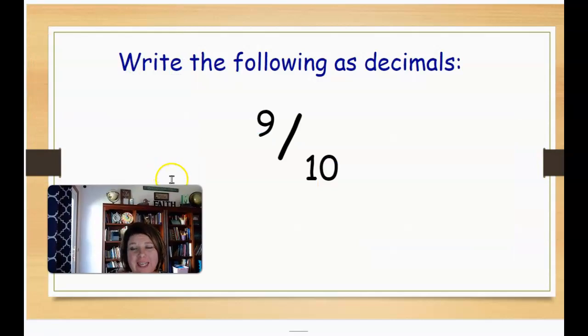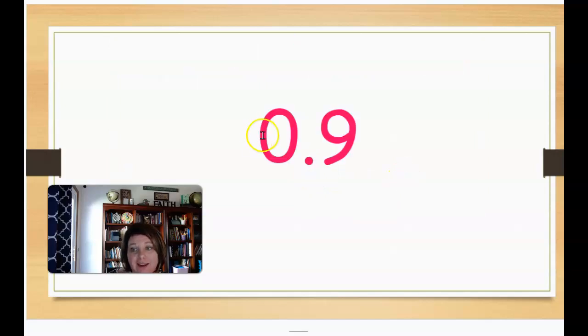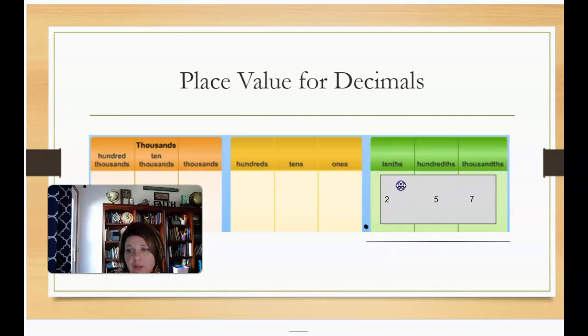Write the following as decimals. 9/10. It shows a 9 in what place value?